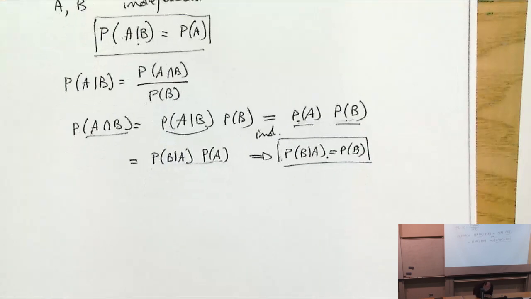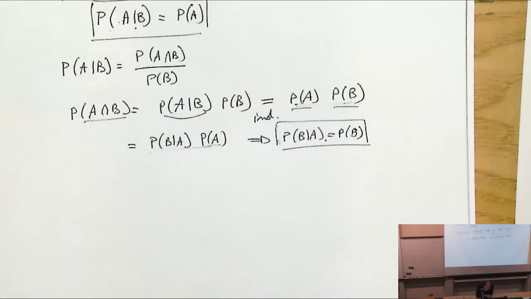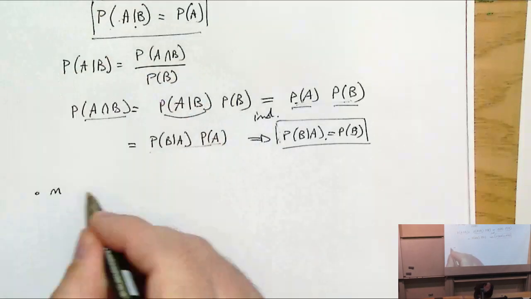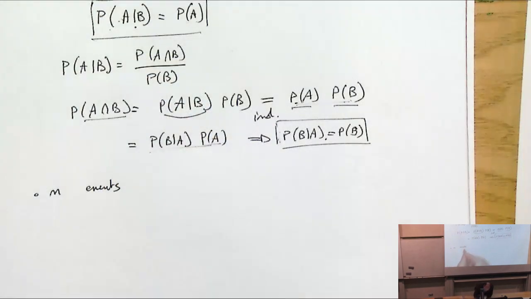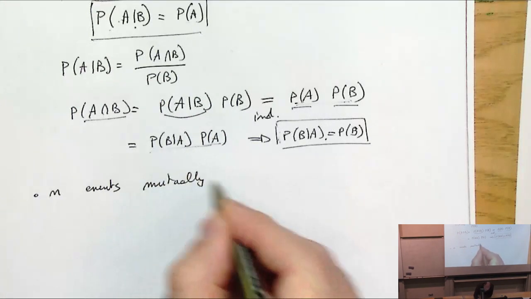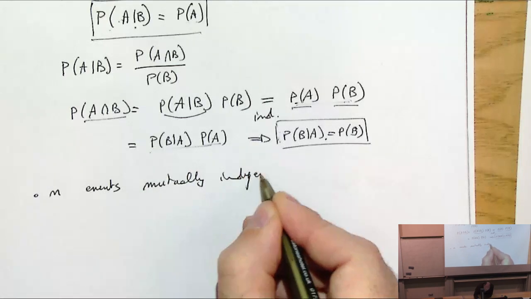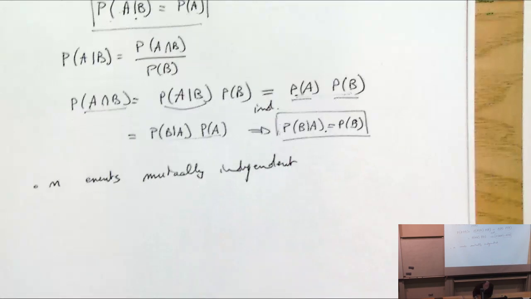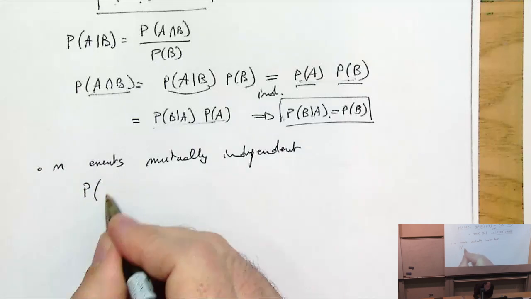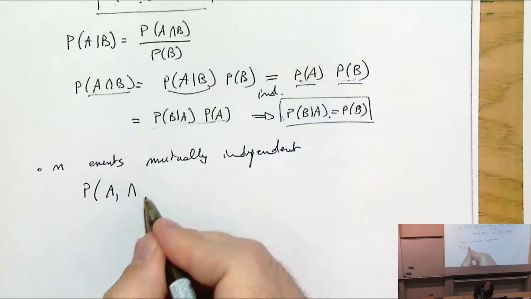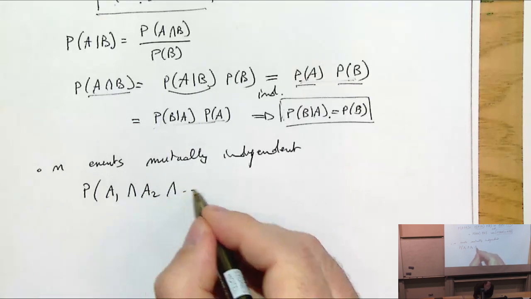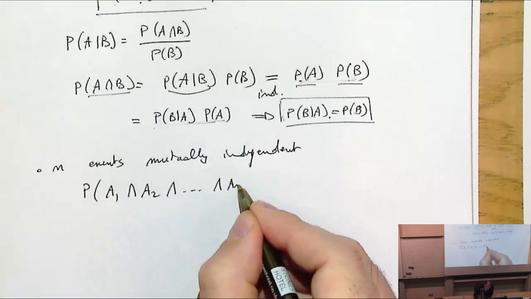Right, so this is for two events. What if you have n events? So you have n events, and they're mutually independent. How do we define n mutually independent events? Well, I have event A1 intersection event A2 all the way to intersection event An.